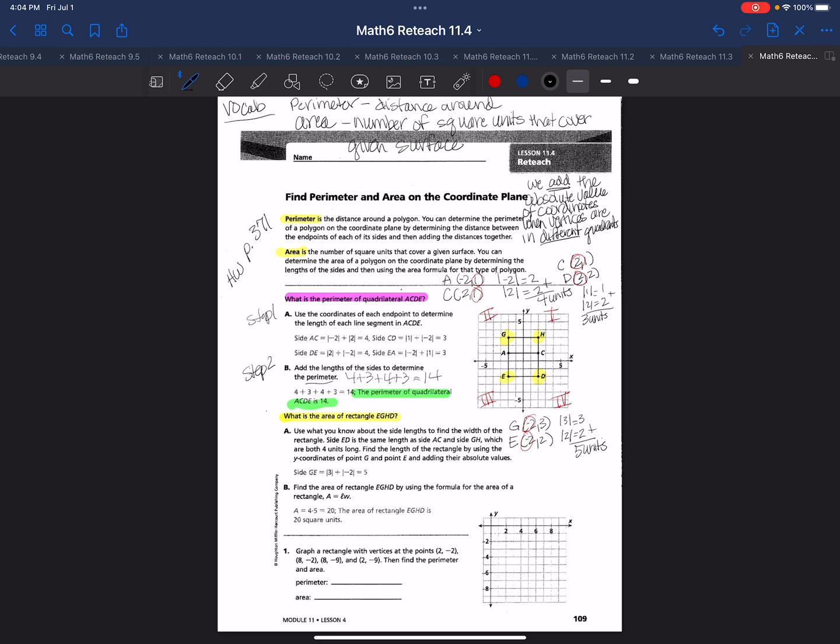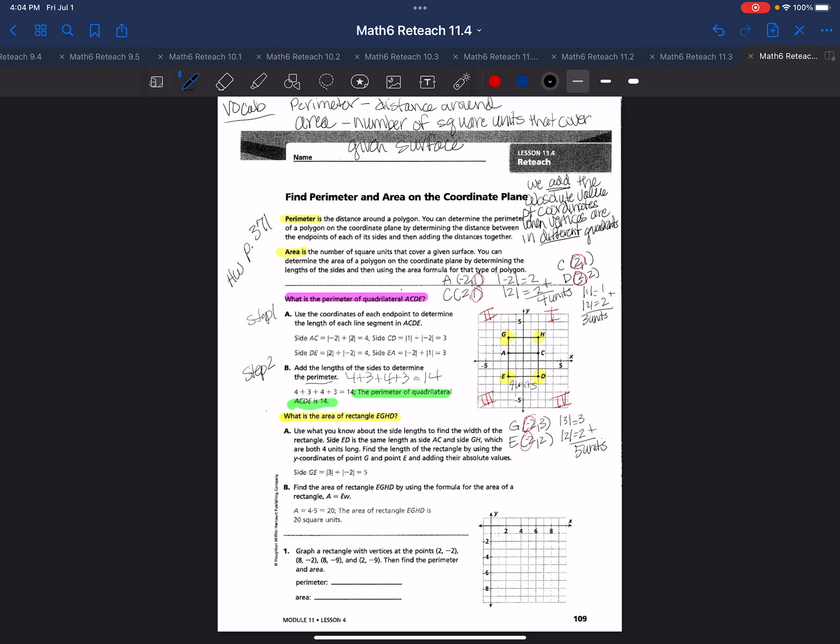And then we already had figured out the side length of A and C was 4 units, and because A and C is 4 units, so we know E and D, so we know this is already 4 units because of when we did the perimeter above. And then we know this side length G and E is 5 units.